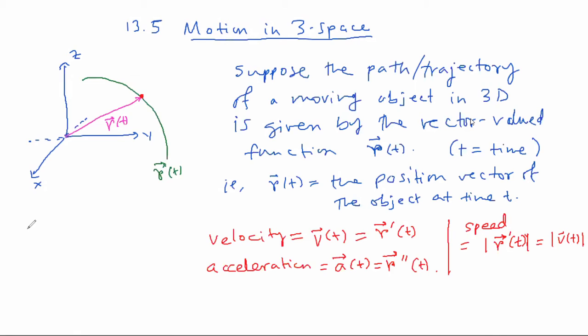What is the normal vector? So you know the tangent vector, right? What is the tangent vector? R prime divided by its magnitude. That's the tangent vector, right? So R prime is a tangent vector. This is the unit tangent vector.